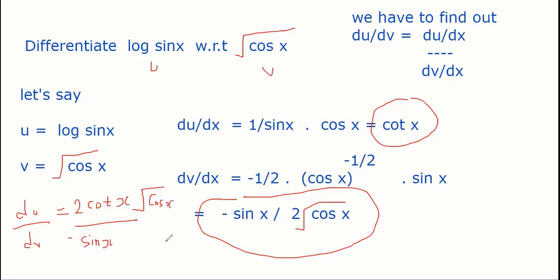Cot by sin, can you simplify? No, it doesn't make much difference. It will still remain the same; you can only change sin x to cos x. The final answer would be minus 2. Taking sin up gives cos x. So cos x, cot x, root cos x. Tell me, is it correct, any confusion? Minus 2 cos x cot x and root of cos x. That is the final answer.